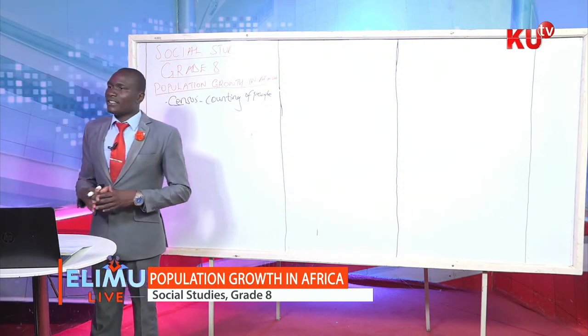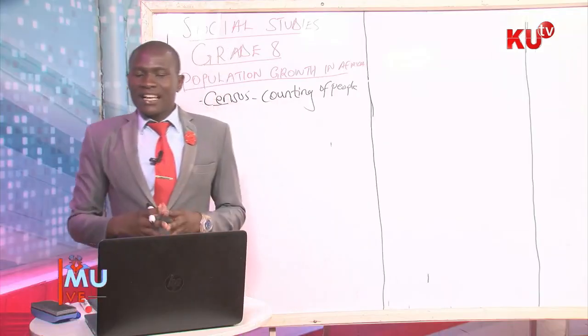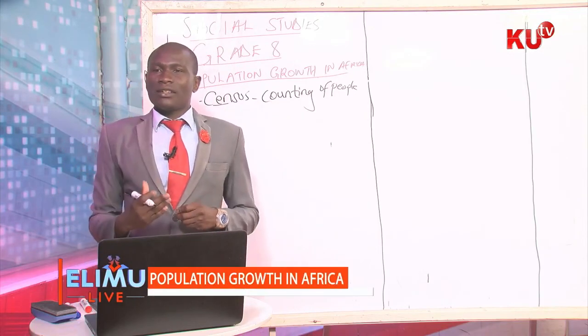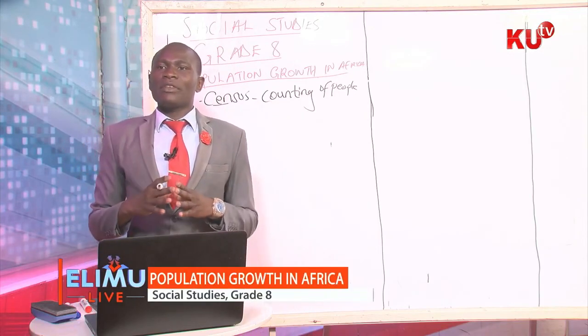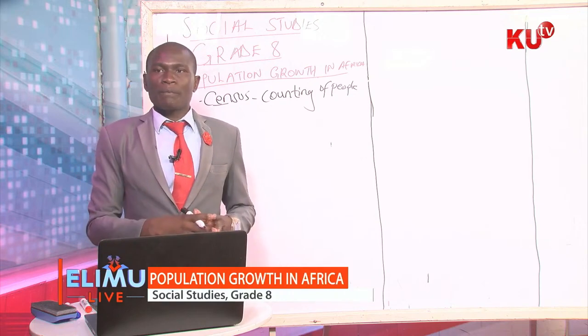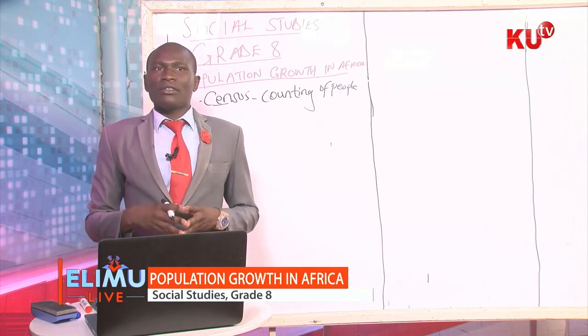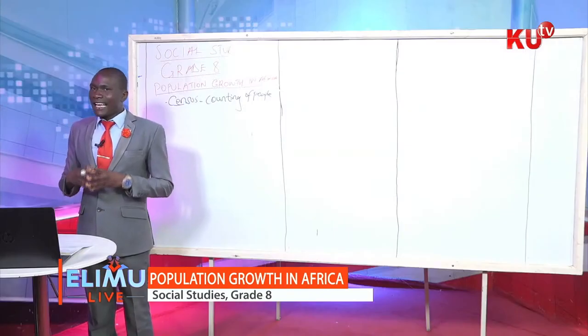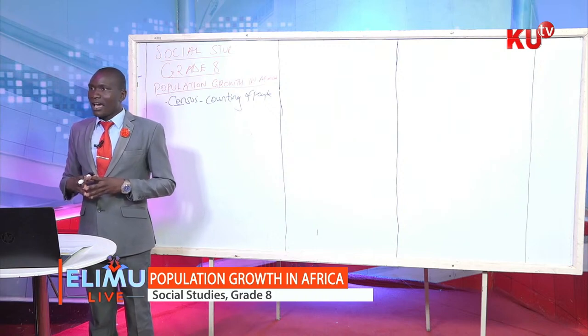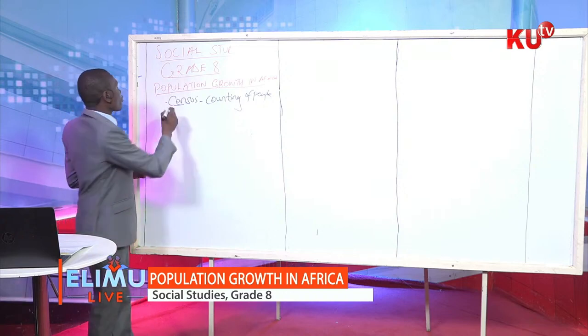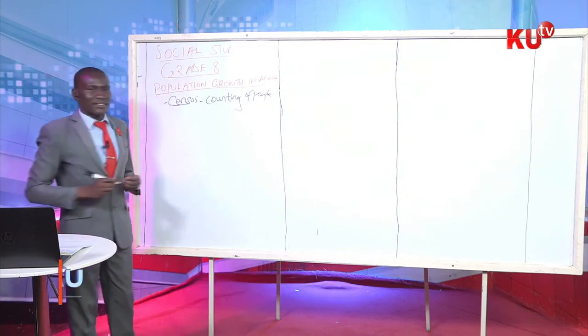And as we have said, census is carried out so that the country can plan for its people. For us to know that the population size of a place has either increased or decreased, we will perform what we call census.